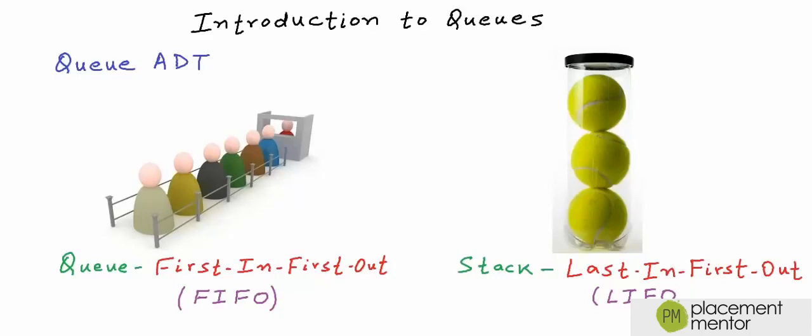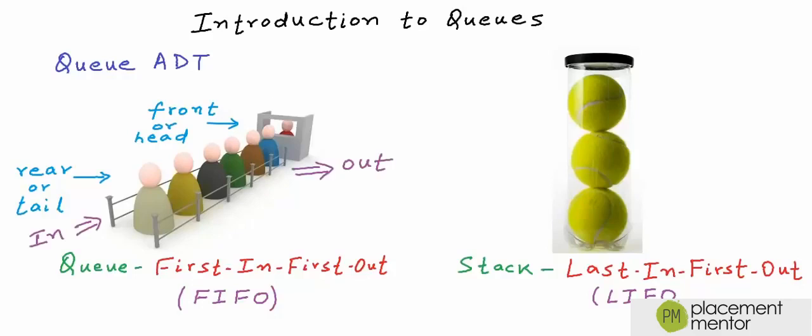A stack is a collection in which both insertion and removal happen from the same end, that we call the top of stack. In queue, however, an insertion must happen from one end, that we call the rear or tail of the queue, and any removal must happen from the other end, that we can call the front or head of the queue.